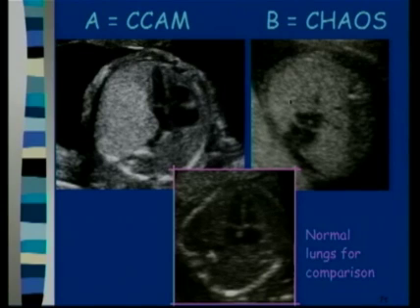Notice that this fetus has bilaterally echogenic lungs with a very small fetal heart in the middle. And there's actually two bright black areas here. That's called the bow tie appearance because it's the bronchi filled with fluid. And this is a normal chest for comparison.